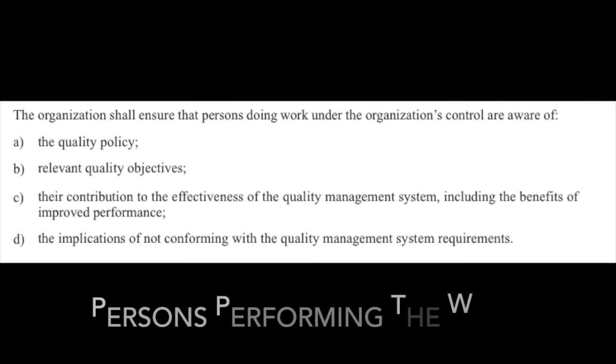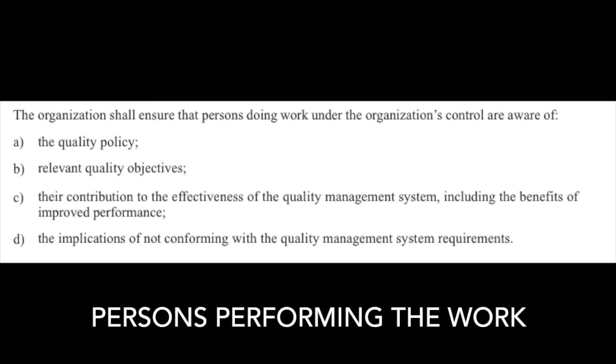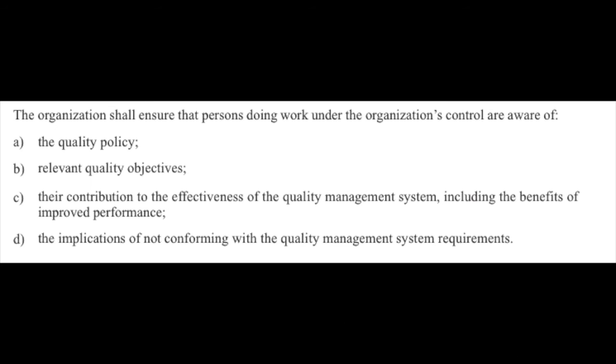The organization must also ensure that people who do the work are aware of the quality policy, the relevant quality objectives, and their contribution to the effectiveness of the quality system, including the benefits of improved performance, as well as the implications of not conforming with the quality management system requirements.